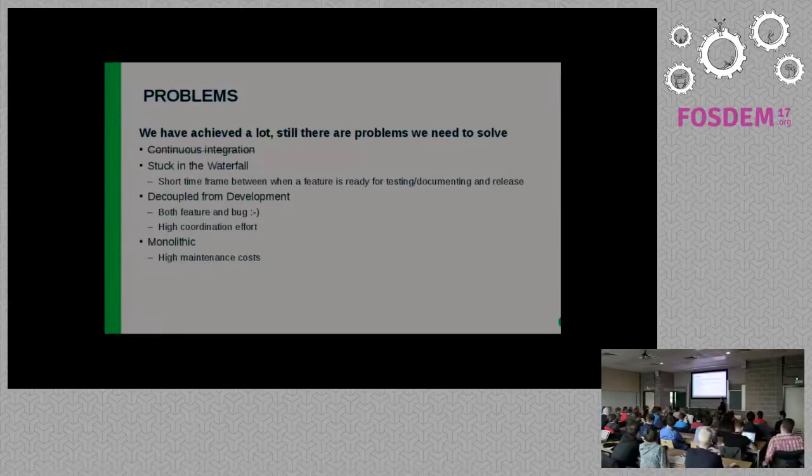The first two problems can probably be addressed with a more continuous and agile approach. For example, the cloud team at SUSE works with the agile approach. They have a dedicated documentation writer in their team who works with the developers every day and follows their sprints.